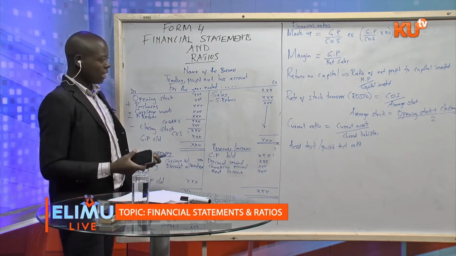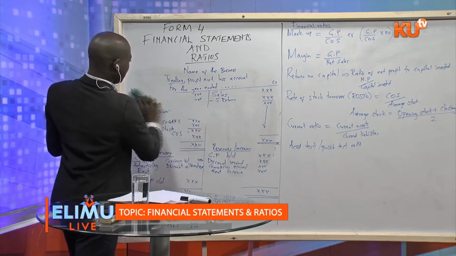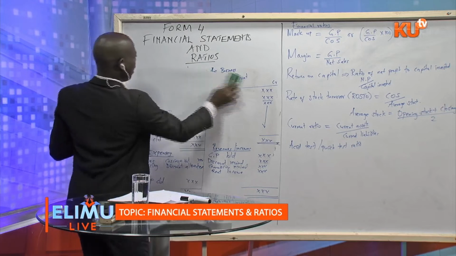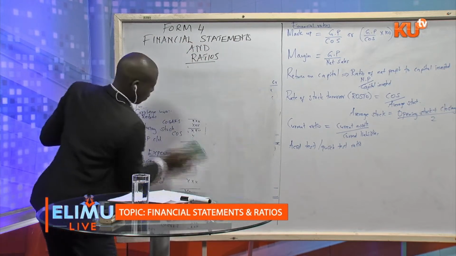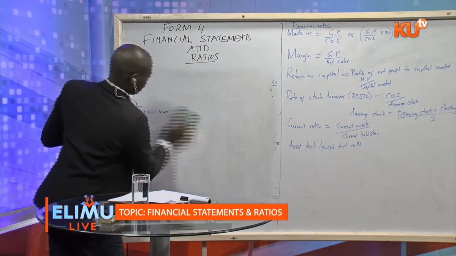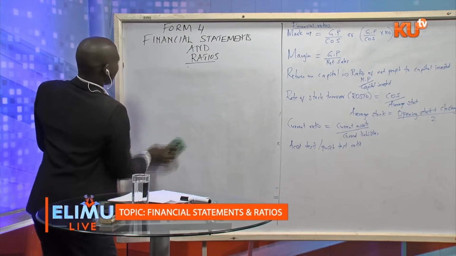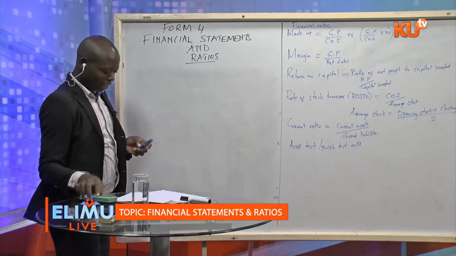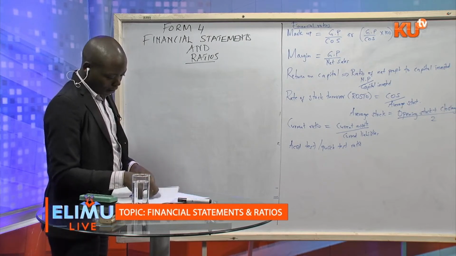So let's then take an example and see how we calculate all these ratios and how we prepare our statement. Our question then, we will take a look at one question.